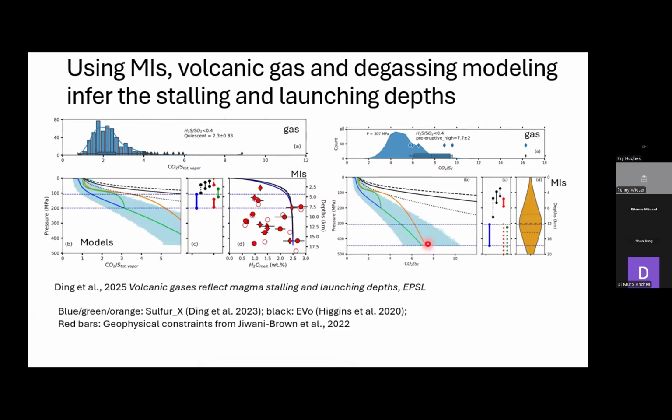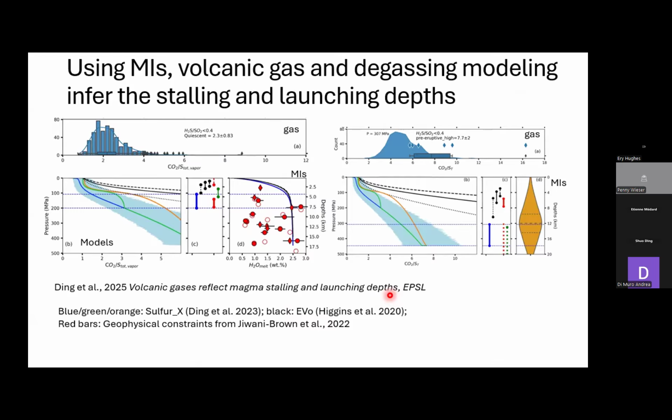And then the pre-eruptive gas comes from much deeper, between 12 to 18 kilometers, but it also overlaps with the highest entrapment pressure shown in our melt inclusion record. This is a published study if you're interested in it. But we are also hoping to test this hypothesis on other volcanoes, which also display these two modes of degassing.